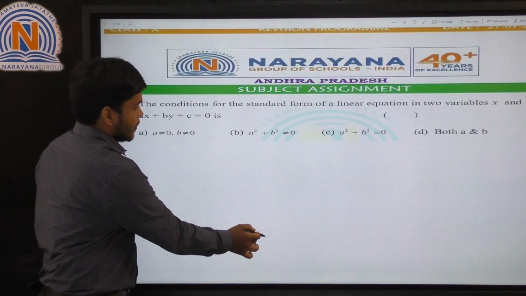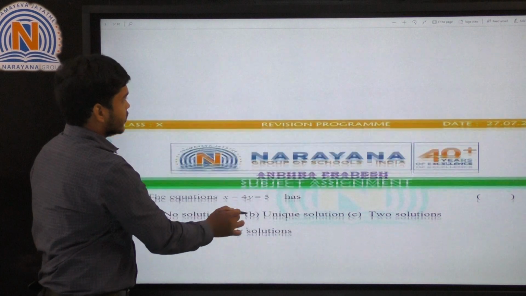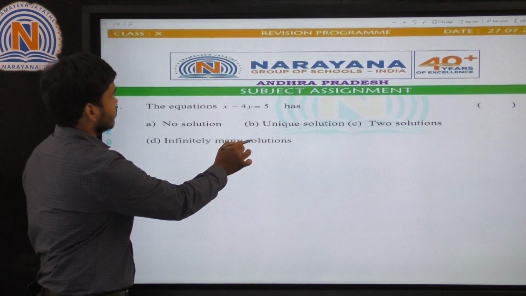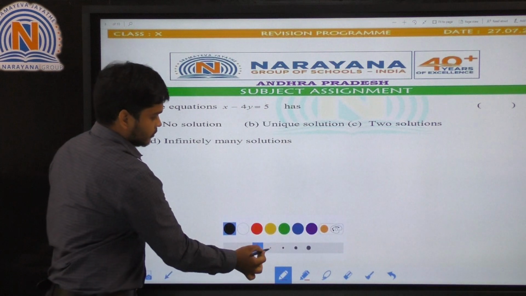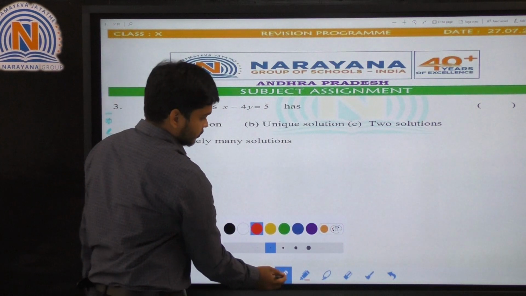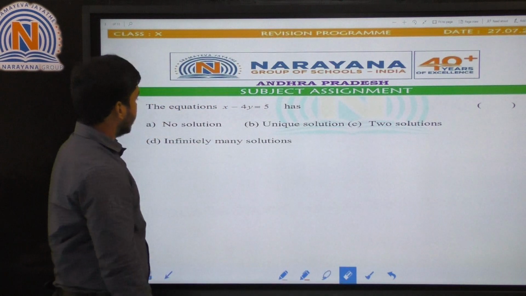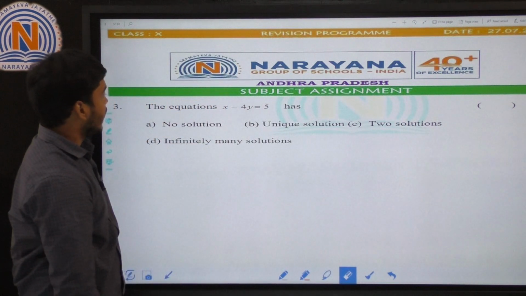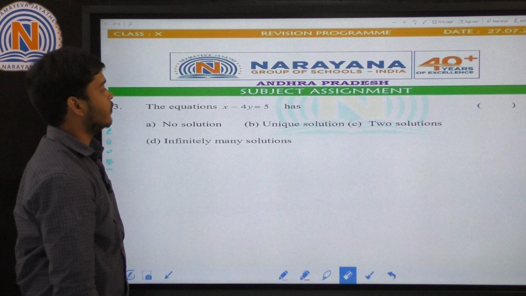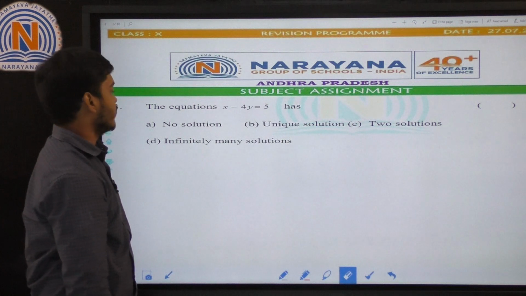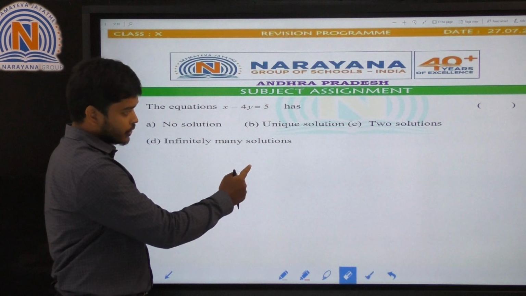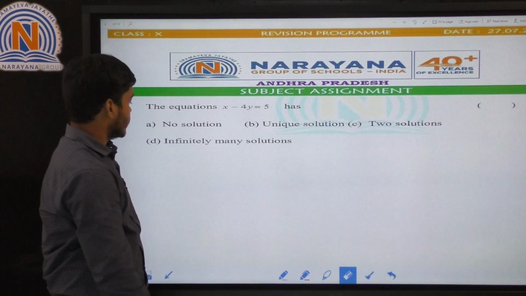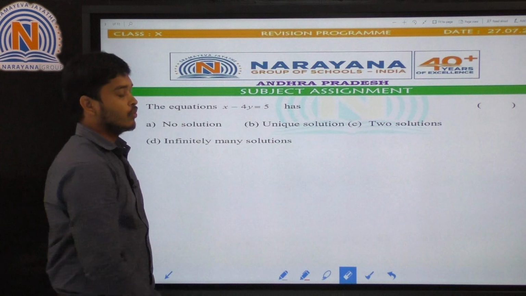Now the third question. The equation x minus 4y equals 5 has no solutions, or a unique solution, or two solutions, or infinitely many solutions.